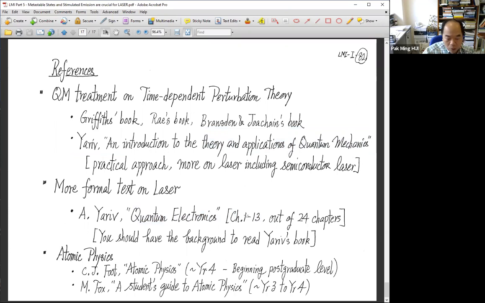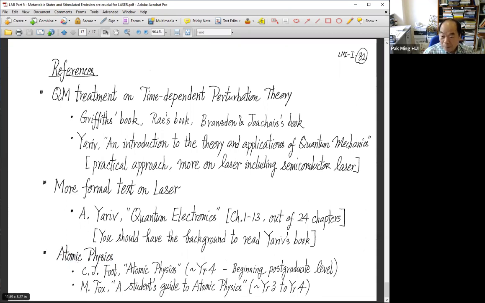For those who want to go into so-called AMO, a very popular branch of physics now, atoms, molecules and optics, for the atomic physics part, there are two complete books. At the undergraduate level, there is this one by Mark Fox, rather nice. I think you can follow it completely now. Maybe you know more than this book in terms of theory.